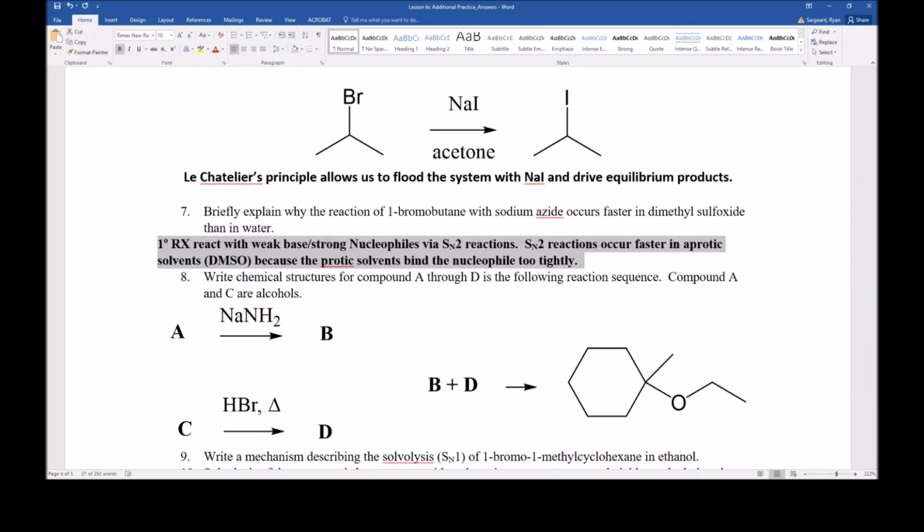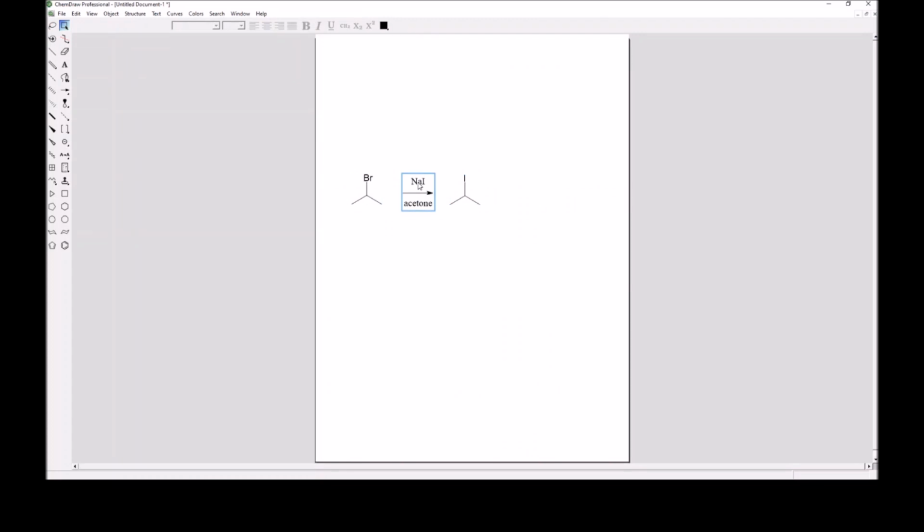What does that mean? Let's go back and think about this reaction right here. The iodide needs to attack that carbon and bump off the bromide in the only step of the mechanism. Because it's the only step, that means it's the rate determining step. Your solvent needs to be able to dissolve sodium iodide, which acetone can do, but it needs to do it very gently.